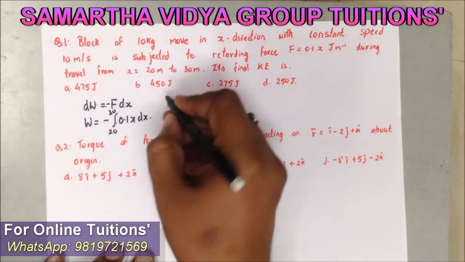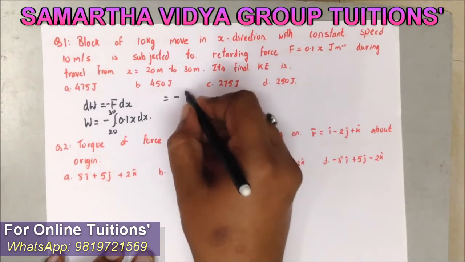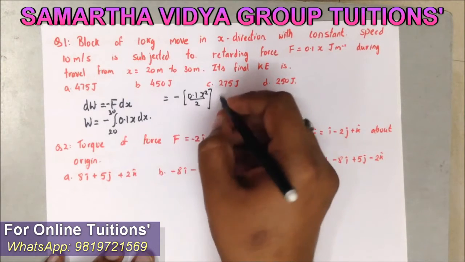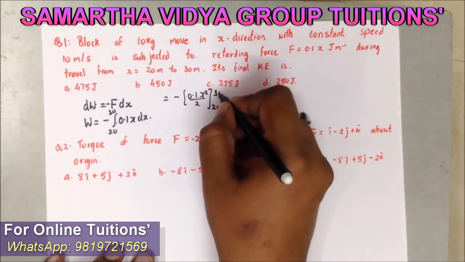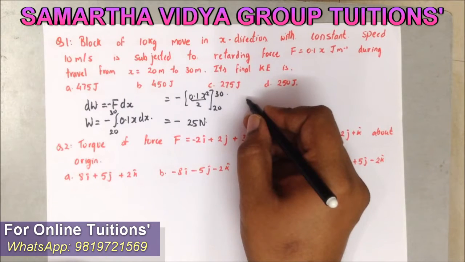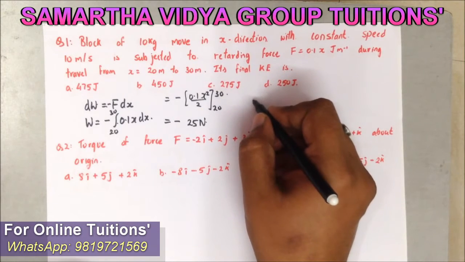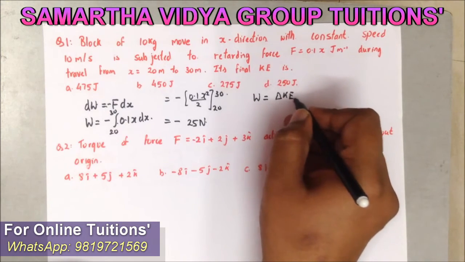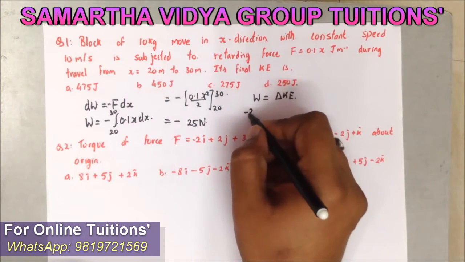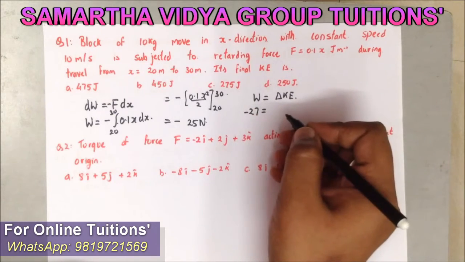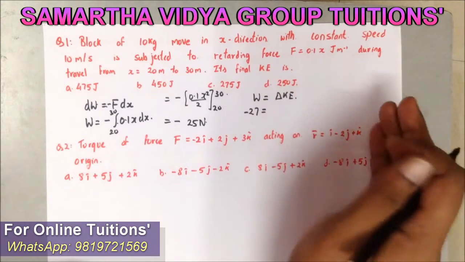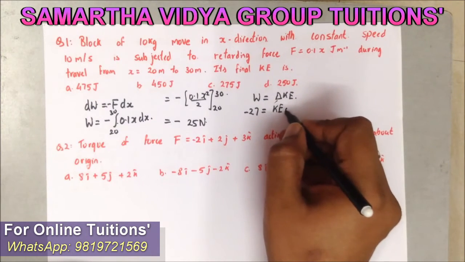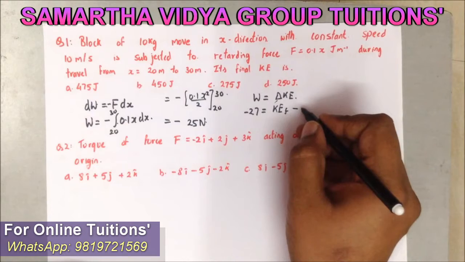If we calculate this integration, we'll get 0.1 x square by 2 with the limits of 20 to 30. Now coming to the work energy theorem, the work done will be equal to the change in kinetic energy. So the work done is minus 25 and the change in kinetic energy is K final minus the initial kinetic energy.